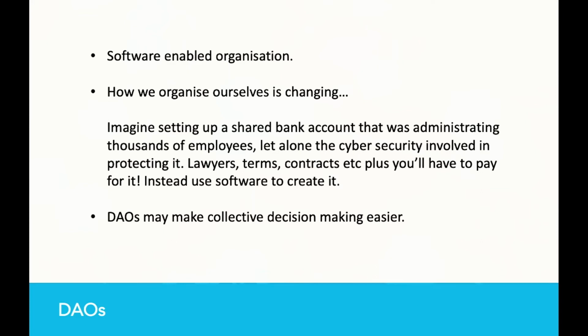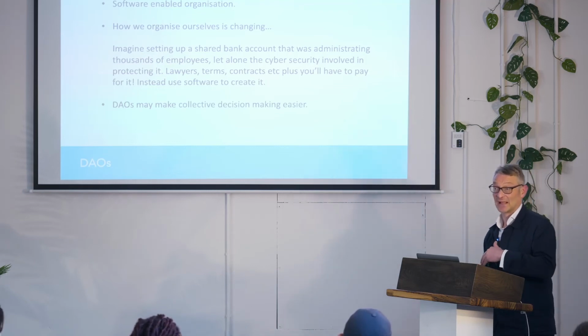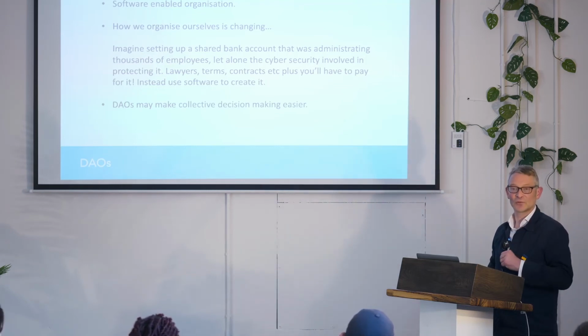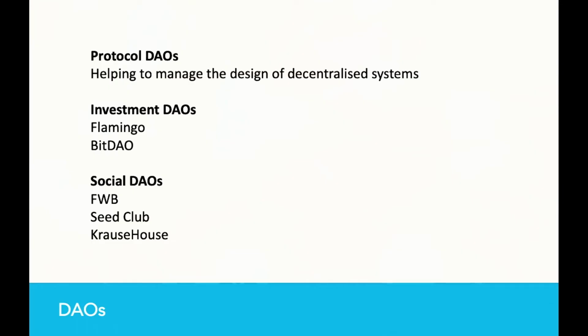DAOs may make, I like this provocation, I'll leave with this one in a minute, but DAOs may make collective decision-making easier because to some extent, they're just letting the software do all the work. I'm not sure this is true, but I think there are three DAOs generally in typologies. First, DAO might be the protocol DAOs that are already working.